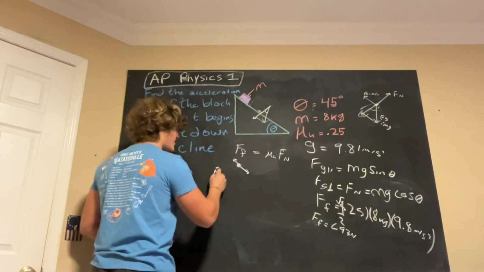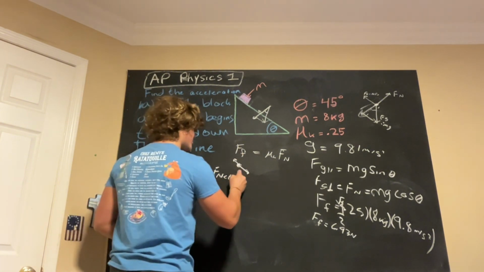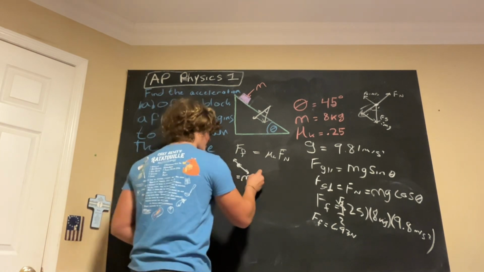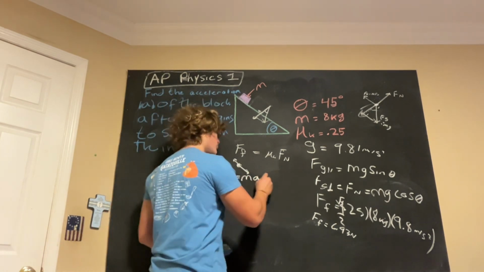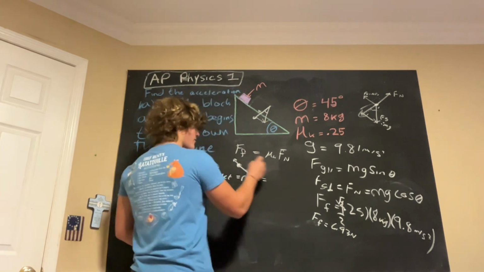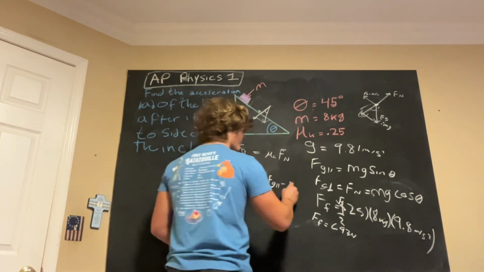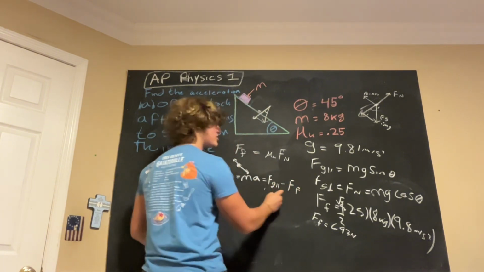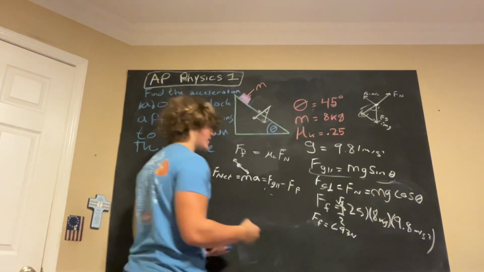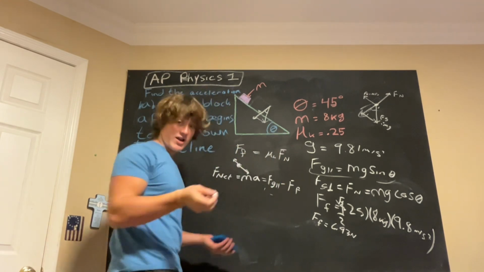Now we also have that our acceleration is in this direction, so we have a force of friction going back. So F net, which is equal to the mass of the object times the acceleration of the object, is equal to the force of gravity parallel minus the force of friction. So Fg parallel is mg sine theta. Sine of 45 is radical 2 over 2.